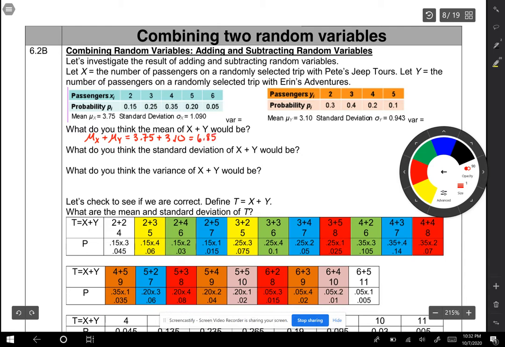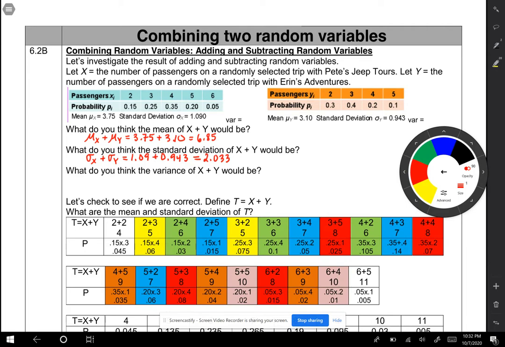What do you think the standard deviation of X plus Y would be? Going along the same line, the standard deviation of X plus the standard deviation of Y is 1.09 plus 0.943, which gives a total of 2.033.